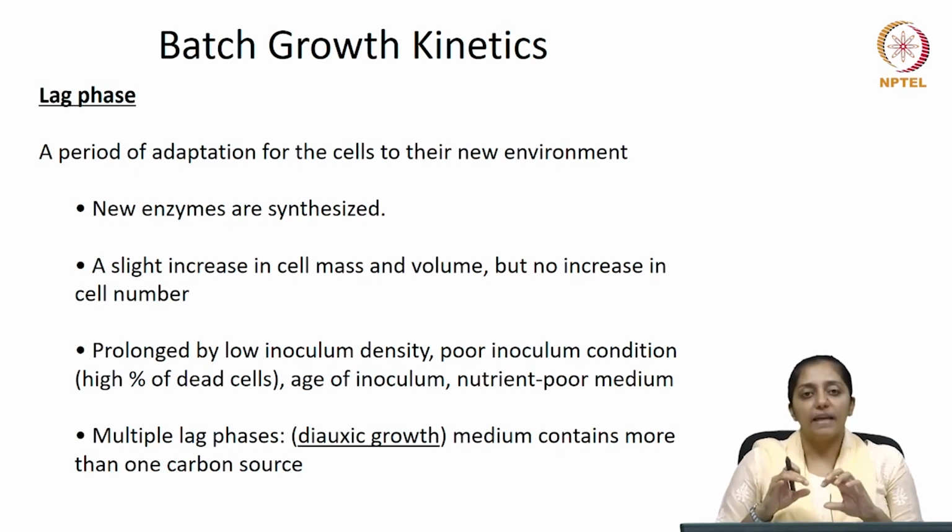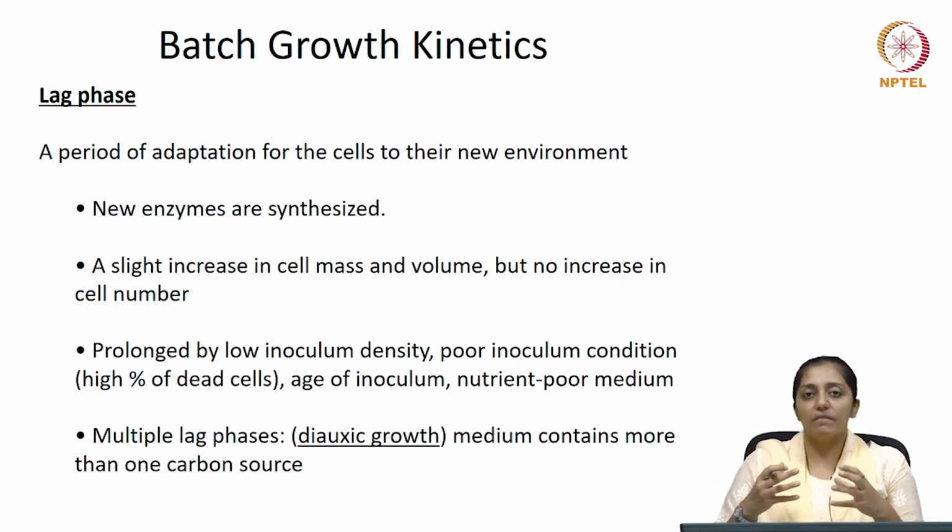The lag phase can be extended or prolonged if we use too low an inoculum density. Inoculum density means the inoculum size, the number of cells per unit volume. It can also be extended if the inoculum is not healthy, which means that all the cells are not at the same growth stage, and if the majority of the cells in the inoculum are in the non-growth phase, then again you will have an extended lag phase.